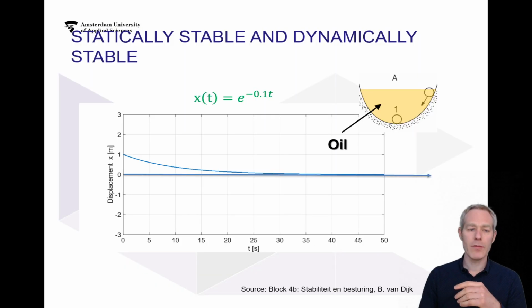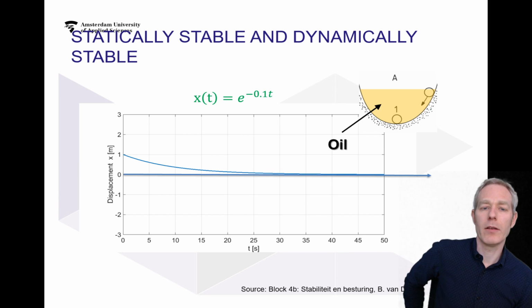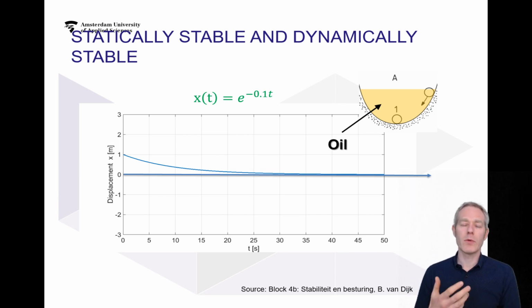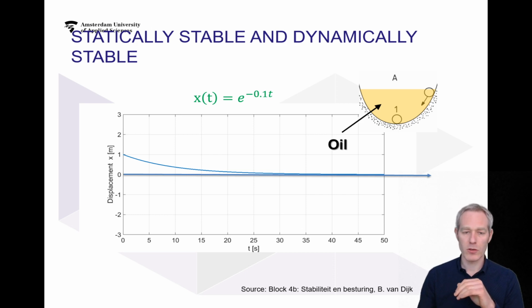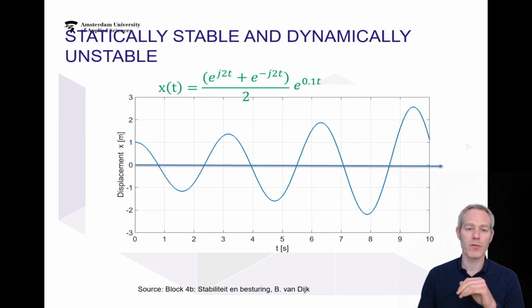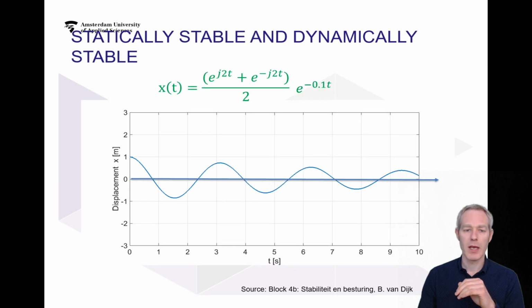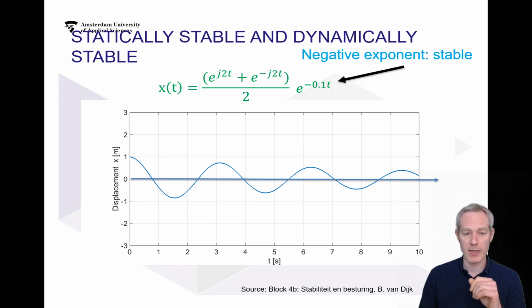Now, if we talk about stability in control systems, what we mean with a stable control system is that over time it returns to our equilibrium position. And so there are a couple of examples of stable systems. One, it can go back to its equilibrium position while oscillating, but the oscillations have to dampen out, and that's in control theory what we call a stable system.